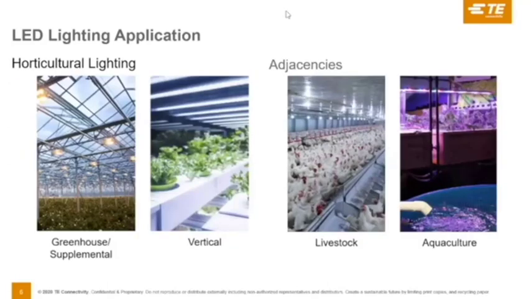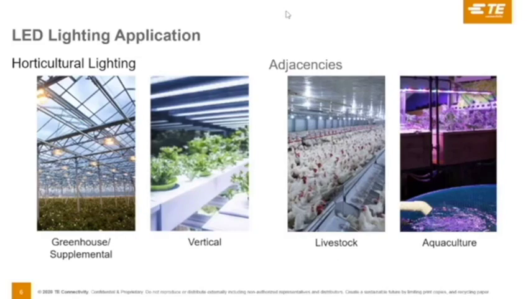Another application that we probably don't pay too much attention to, where high humidity could be a key factor that we have to give due consideration to, is horticultural lighting. Horticultural lighting is becoming the second environment for LED lighting outside of outdoor lighting.